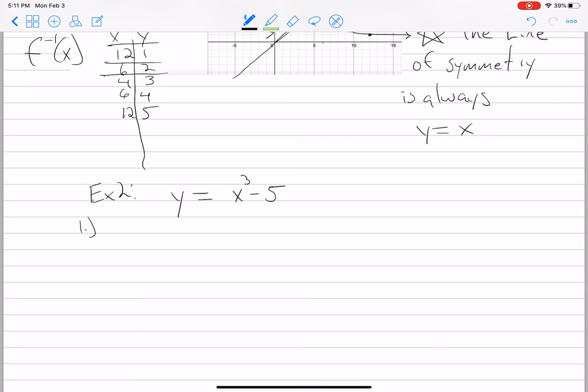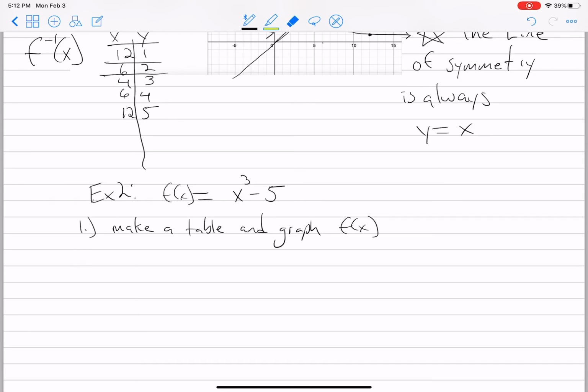The first thing I want you to do is make a table and graph f of x.